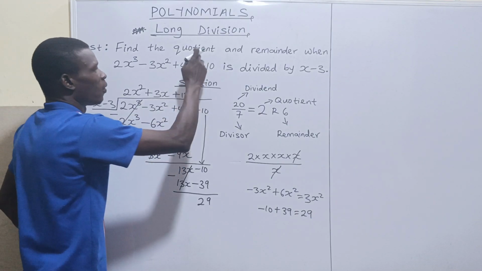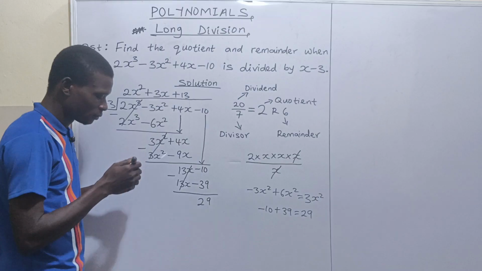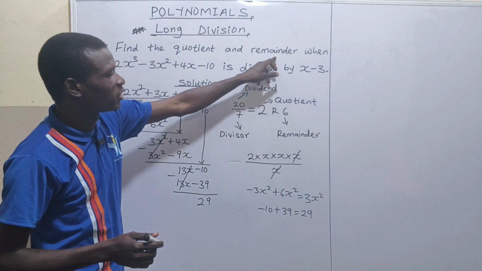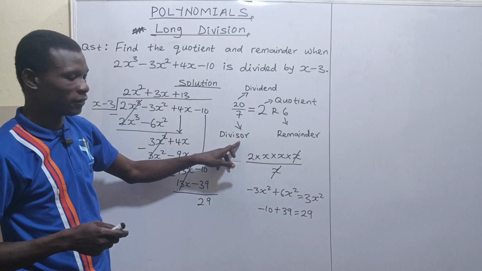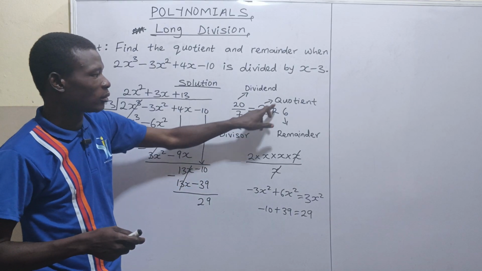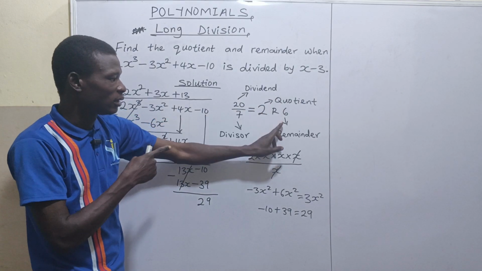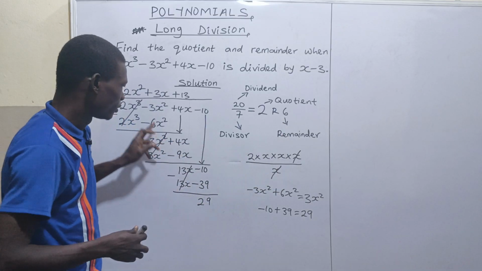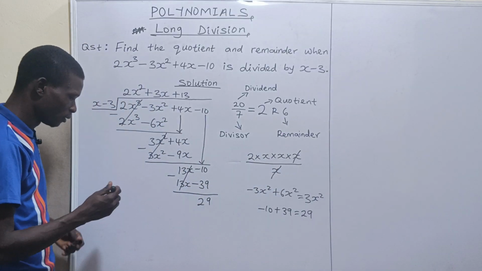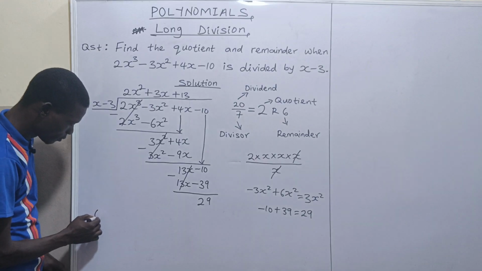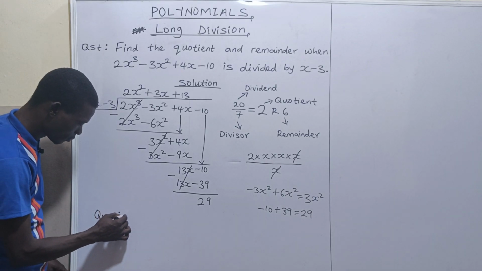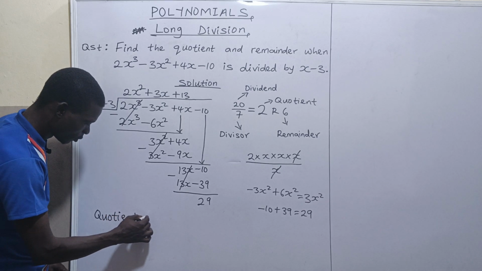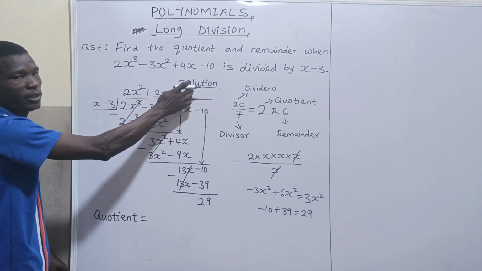So we are asked to look for the quotient and the remainder, because remember, this is the dividend, this is the divisor, this represents the quotient in this situation, and this represents the remainder. So for the work that we have done, what is the quotient? The quotient is what we have up here.